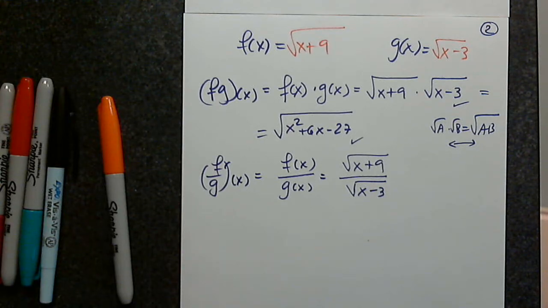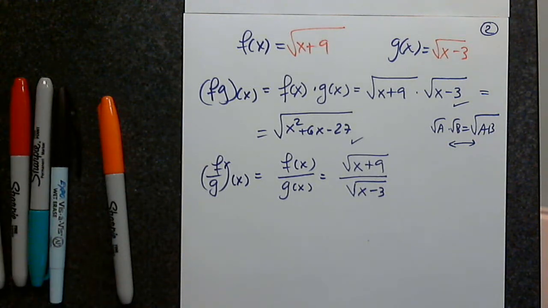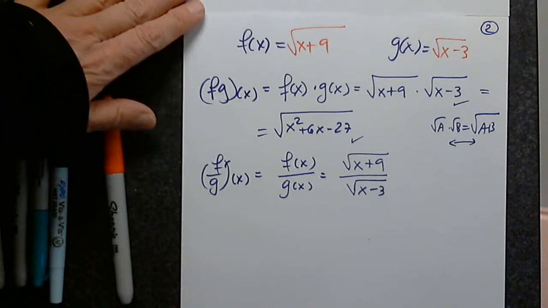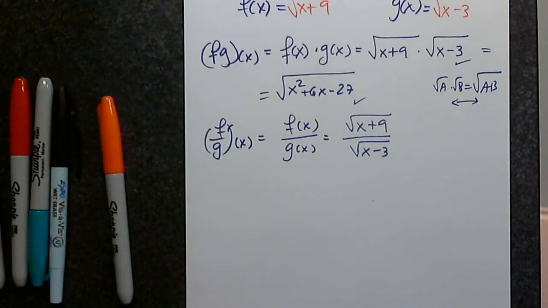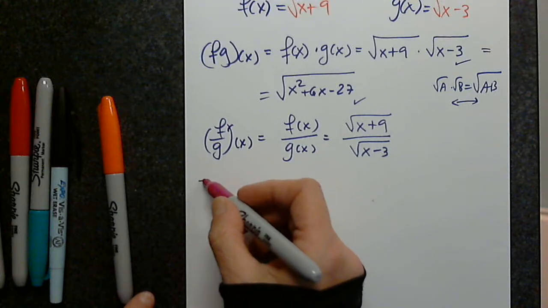Now, if the problem is asking us to find the domain of these functions, then we have to start from scratch and determine the domain of f, determine the domain of g, determine the common domain. So let me know if we need to do that, or we move on to function composition. It's up to you.